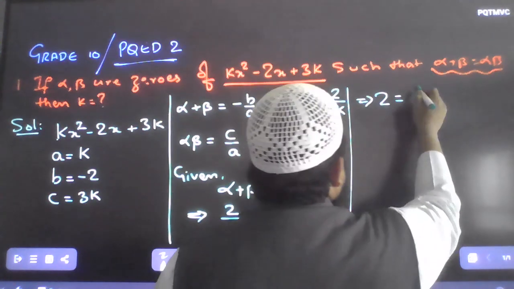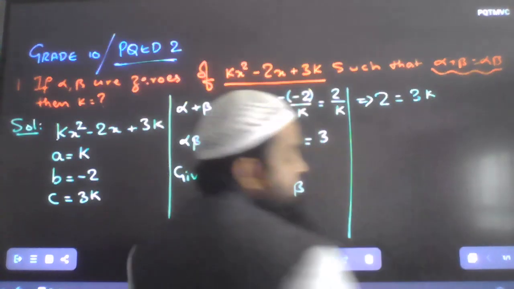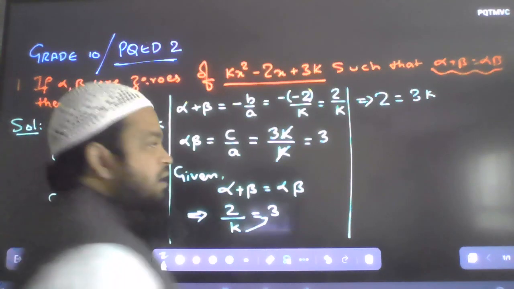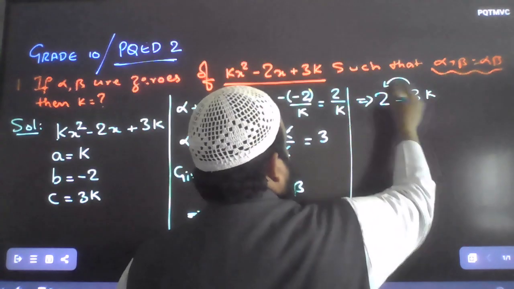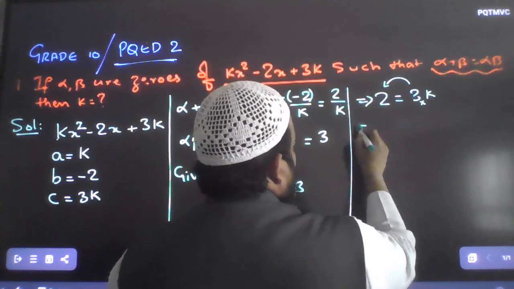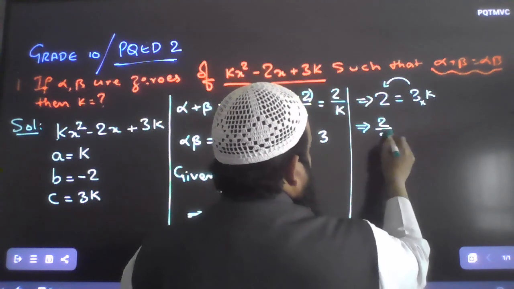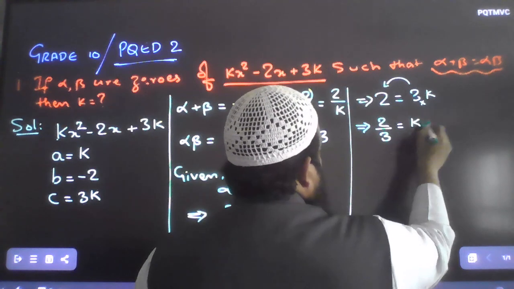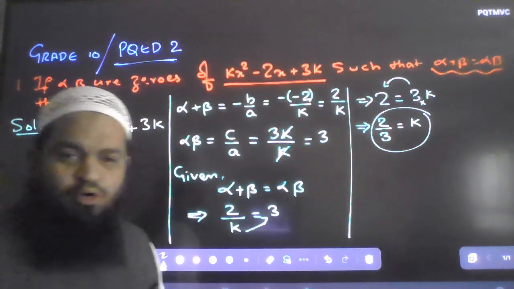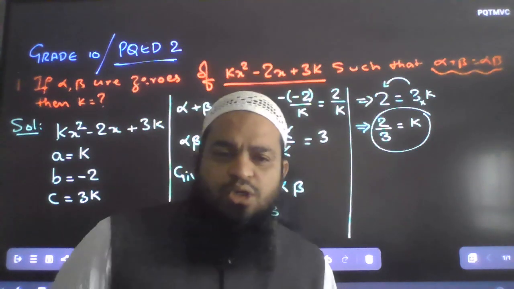So 2 equals 3k. Since you have to find k, transpose 3 to the other side; it is multiplication, so it comes to the denominator. 2 by 3 is equal to k. So the value of k is 2 by 3.